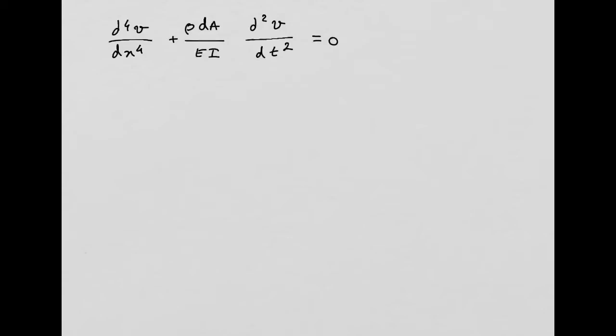Then we can say that this rho dA is basically the mass over a unit length. Or if you multiply rho dA by a length, you will get a mass. This is the first point I would like to address with you, which was not clear from last week.